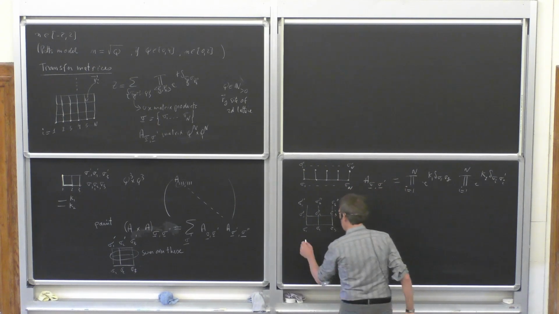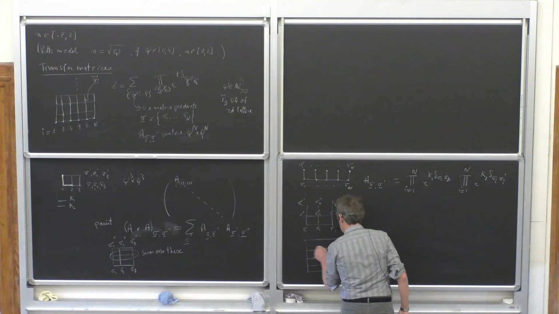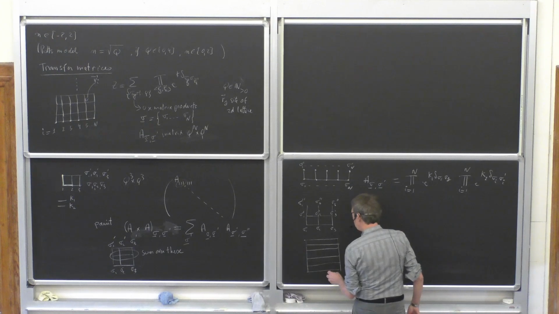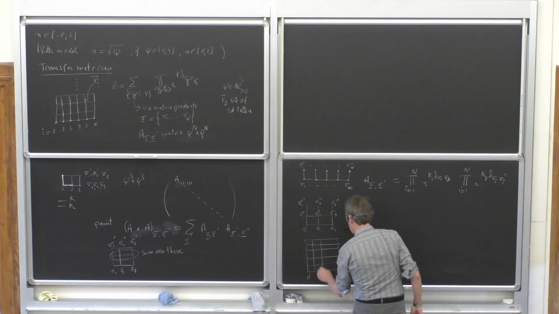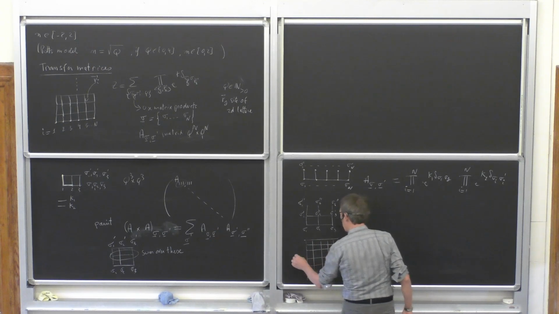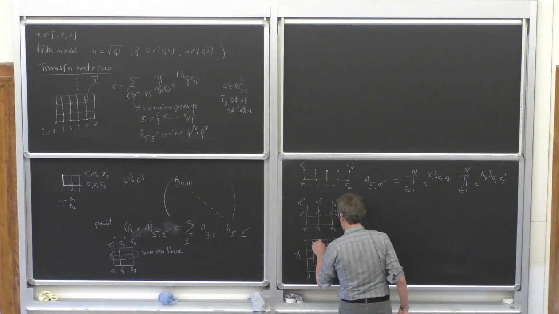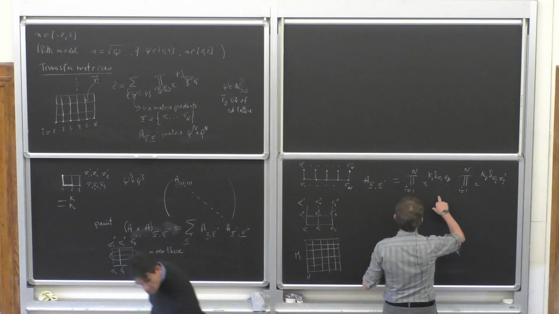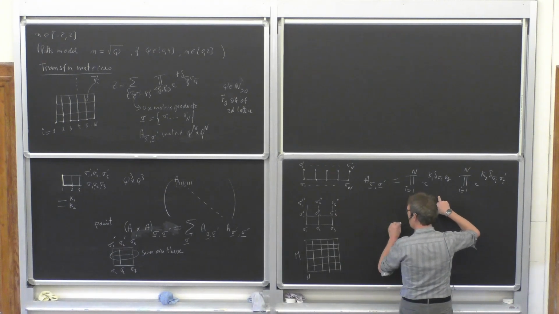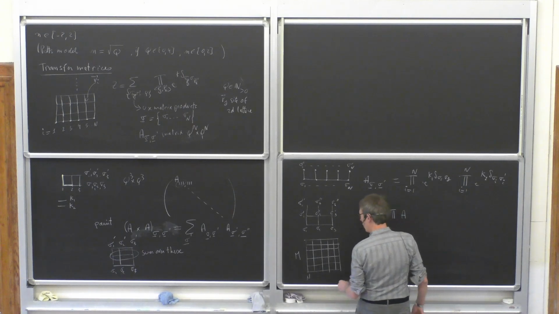So if I have a system with n columns and m rows, I'm going to have to calculate the product of A matrices. How many?